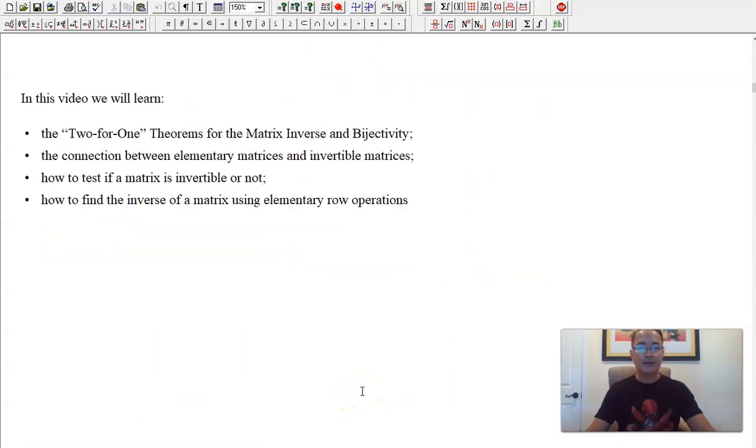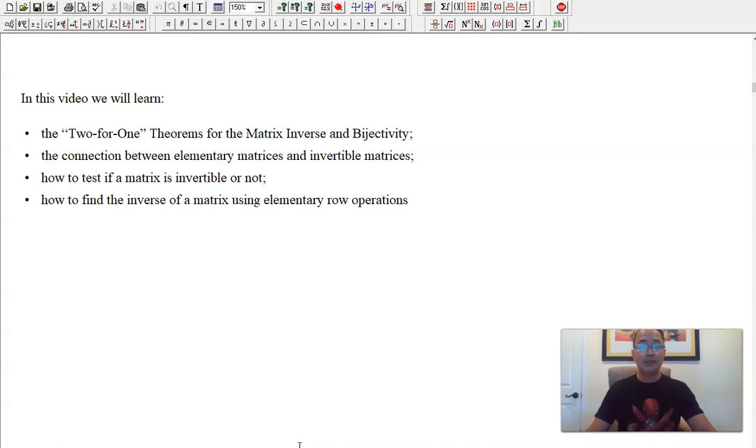So in our video for today, we will first learn about the 2-for-1 theorem for the matrix inverse and bijectivity, which actually gives us a very significant improvement on how to find the inverse of a bijective operator or a matrix.